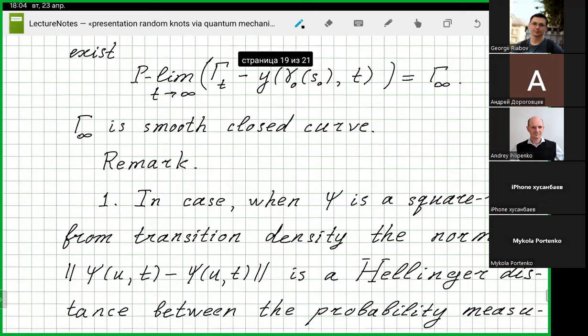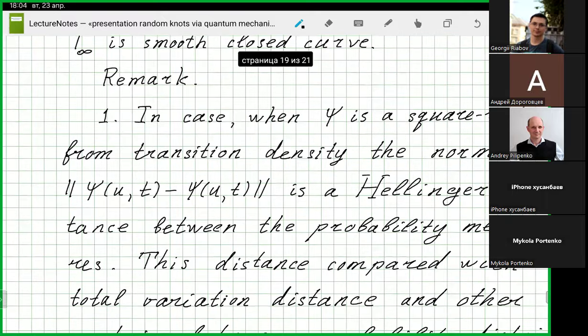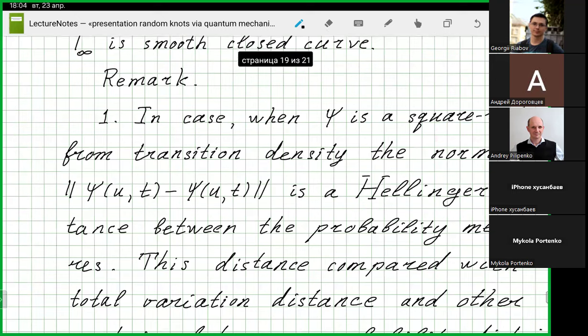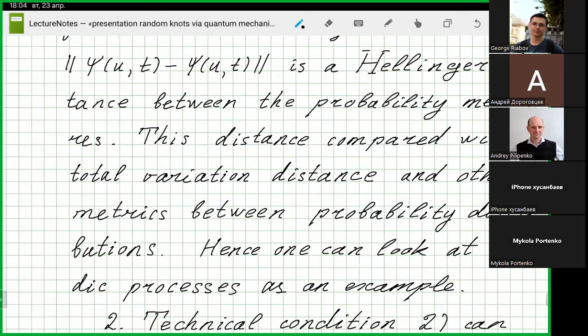Remark, the first one. In case when psi is, I just repeat, the square root of the transition density, the norm is a Hellinger distance. This distance can be compared with a total variation distance and other metrics between probability distributions. Hence, one can look at ergodic processes, ergodic transition densities. An example: when we have good mixing, for example Ornstein-Uhlenbeck, we have this property.